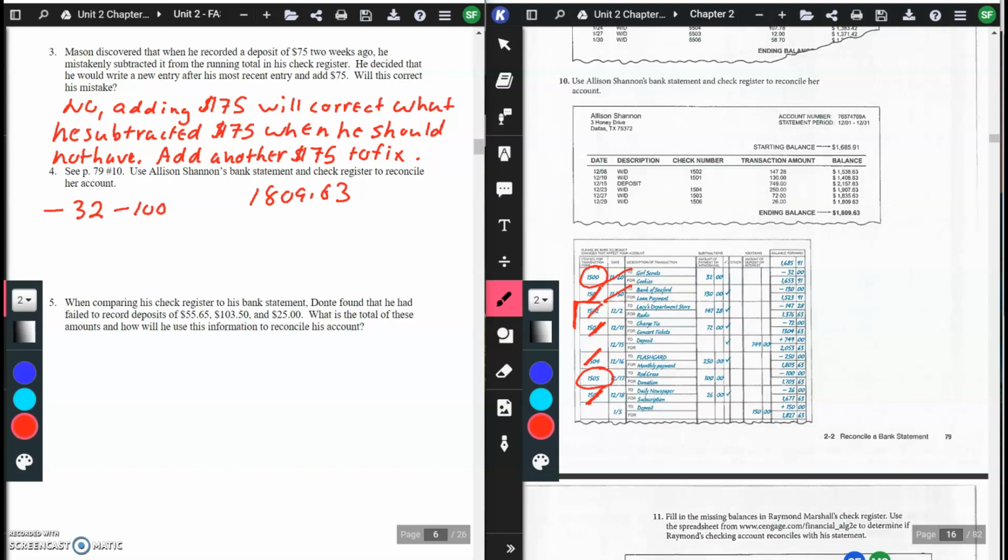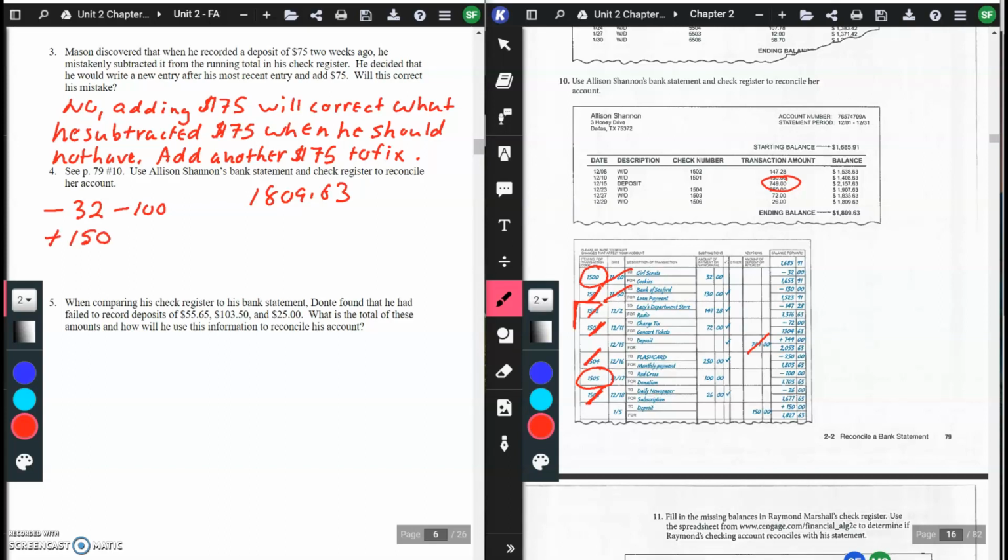Okay, now deposits. I see two deposits on the bank statement at the bottom here. I see $749, which I also see up here, so that's good. But I don't see the deposit for $150, so we know we're going to add on $150.